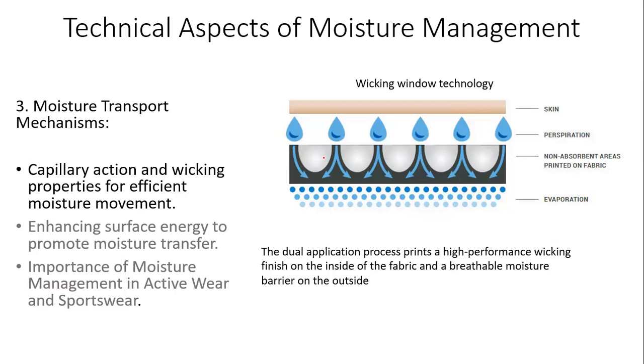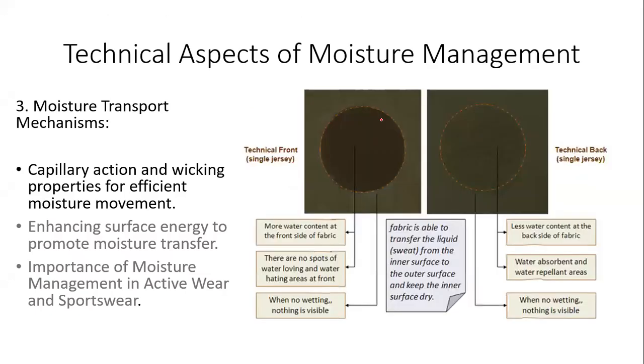And also in here, if we apply this print on the skin side, the perspiration or the sweat will get wicked through these wicking windows to the evaporation area. So therefore, this wicked moisture will evaporate faster. So this is a common technology that they normally use in order to improve the moisture management property through the capillary and the wicking action.